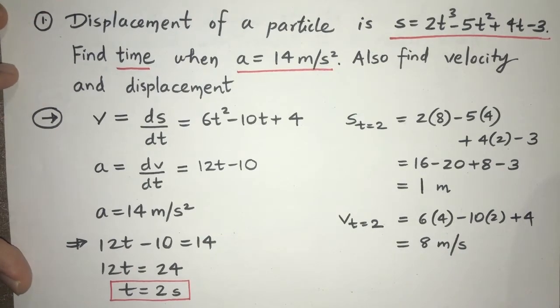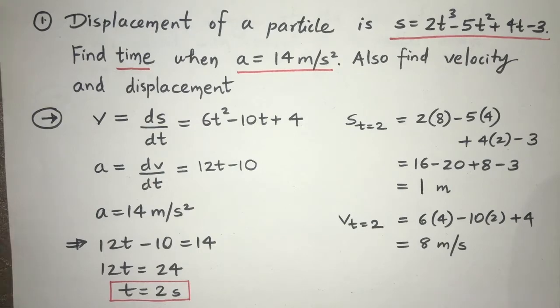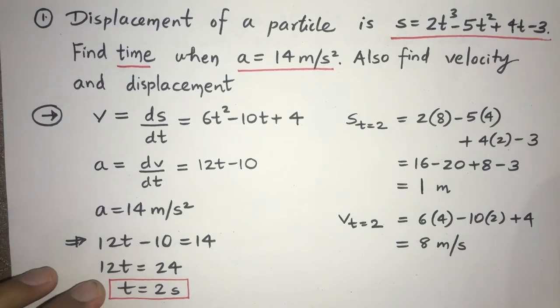That will be the units for velocity. So velocity is 8 meters per second. Acceleration is 14 meter per second square, time is 2 seconds, and displacement is 1 meter, right? That is how we are going to use derivatives to find rate of change. Okay, we go to the next example.